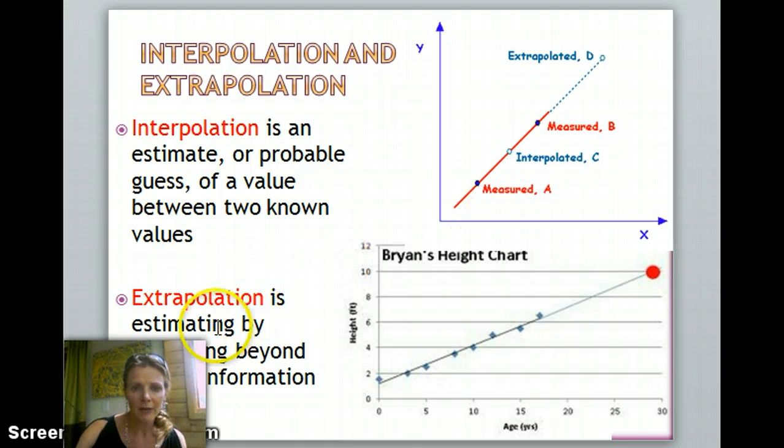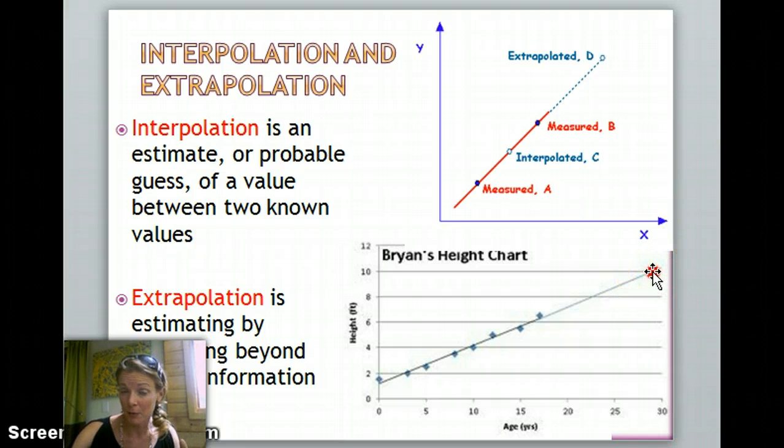Okay, now extrapolation is estimating by extending beyond what you already know. So here's again Brian's height chart. Here are his ages down here on the x-axis, and on the y-axis you have his height. So you have all these different points plotted that they've taken of his height. But you want to know maybe how tall he might be at age 30. So when you take this line and you extend it out, you can figure out what that point is going to be.